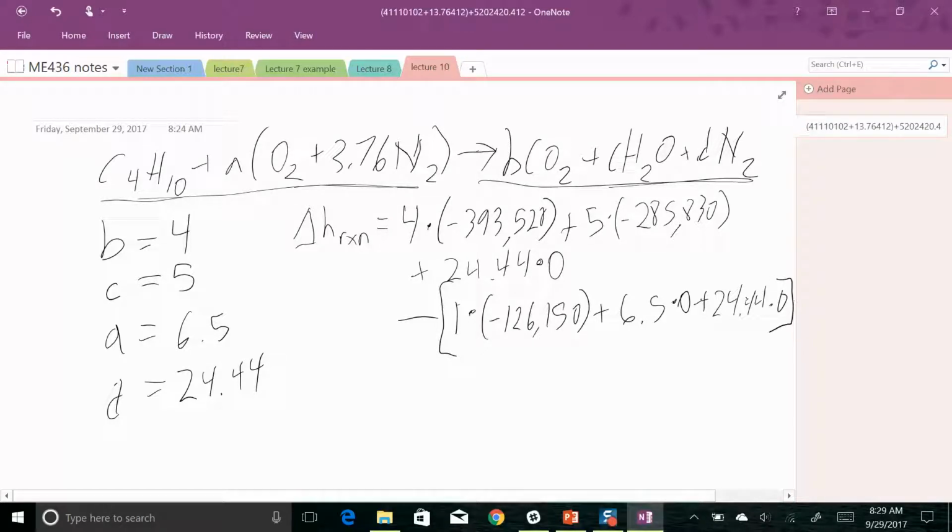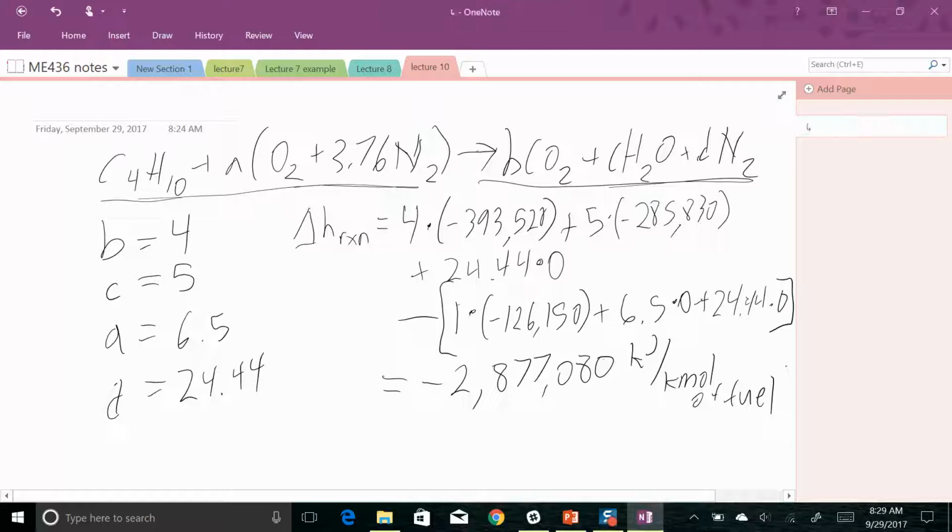So if I calculate this out, 4 times negative 393,520, 5 times negative 285,830, and so on, we get a change in enthalpy for this reaction equal to negative 2,877,080 kilojoules per kilomole of fuel.